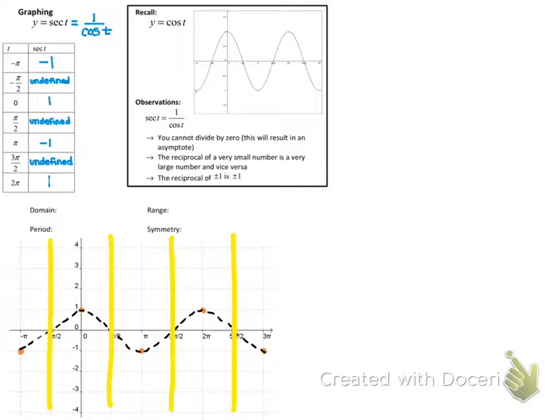Okay, so now that we know that the mins and maxes of our dashed black line, cosine, are also part of our vertices in the shapes of our secant graph, this is what my secant graph looks like.